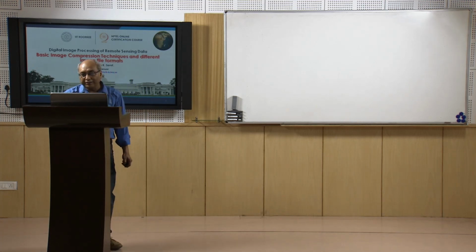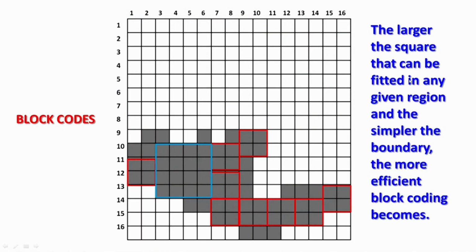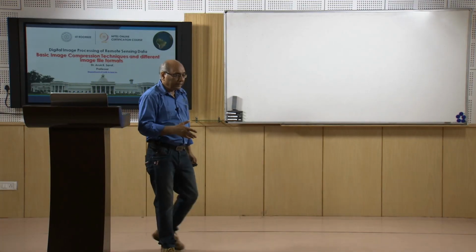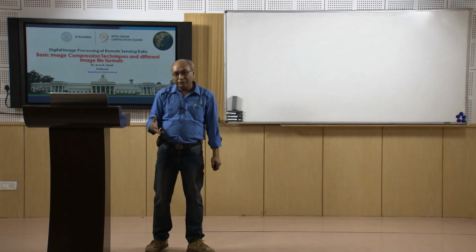So the larger the square that can be fitted in any given region, and the simpler the boundary, the more efficient block coding becomes.